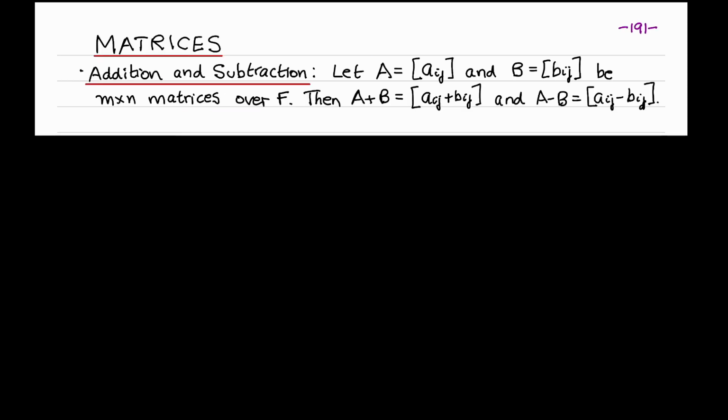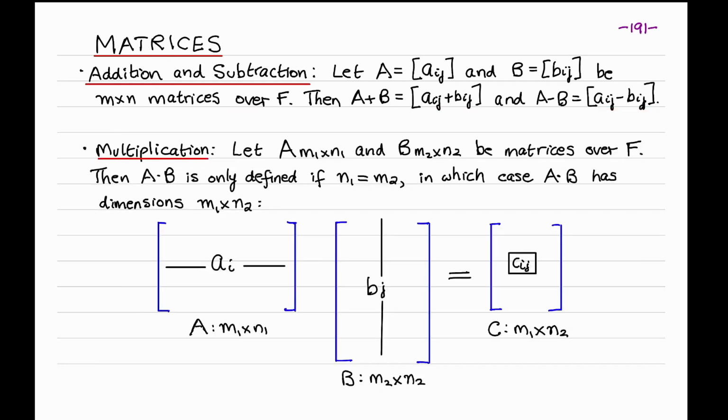I'll next review some basic properties of matrices. So, of course, matrices can be added and subtracted as long as they have the same dimensions. So let A and B be two m by n matrices whose entries lie in a field F. Then A and B are added component-wise and also subtracted component-wise. We can also multiply matrices.